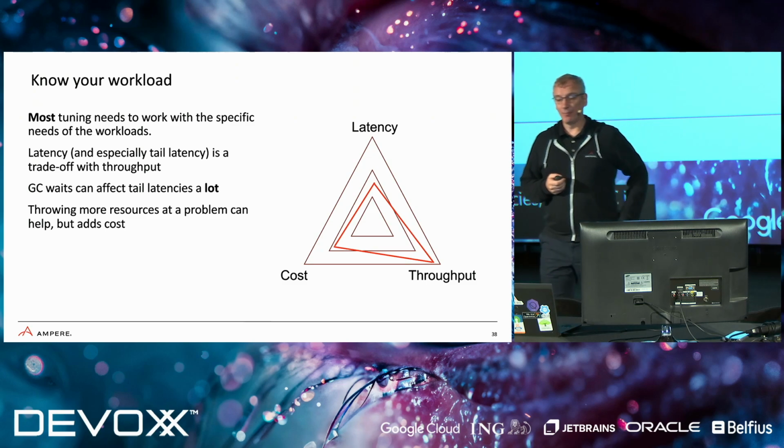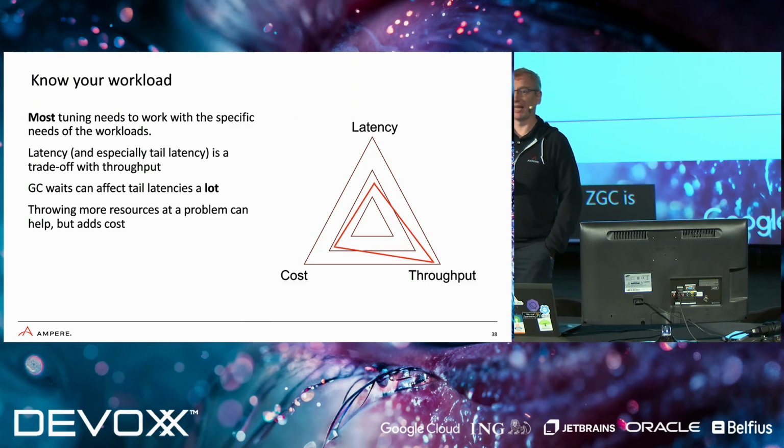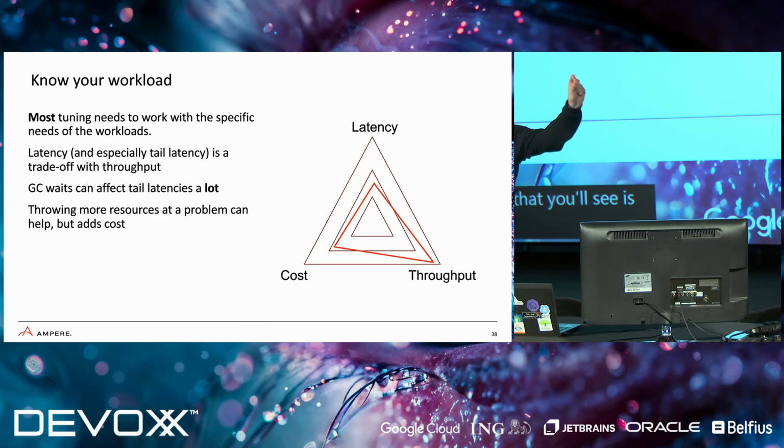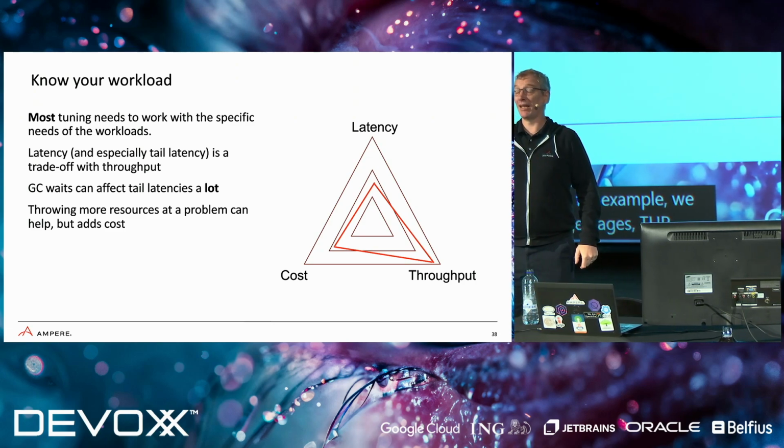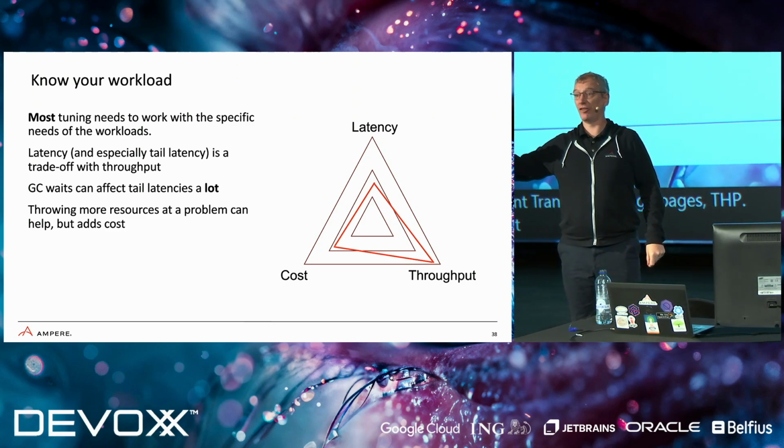But most tuning depends on having some understanding of the needs of your applications. Most tuning needs to work with the specific needs of specific workloads. So one thing that you'll see is a lot of these changes that I talked about, for example, we talked about transparent huge pages, THP, and we've talked about latency in ZGC.